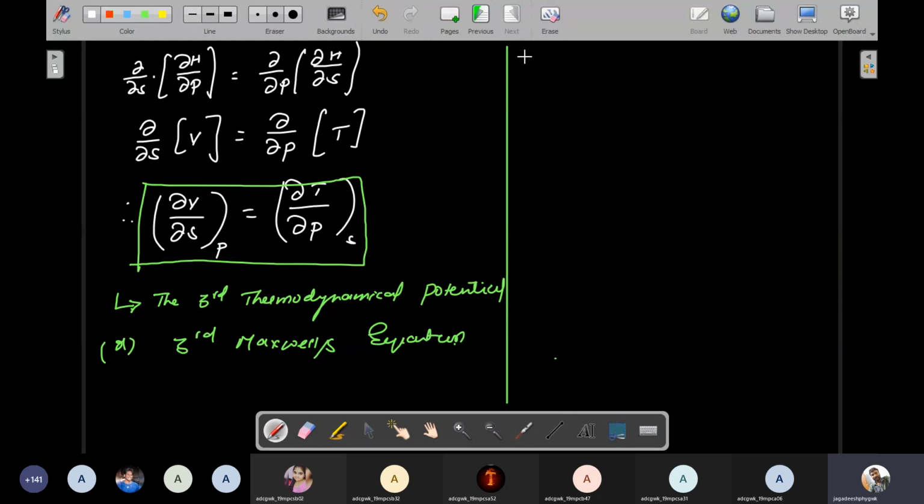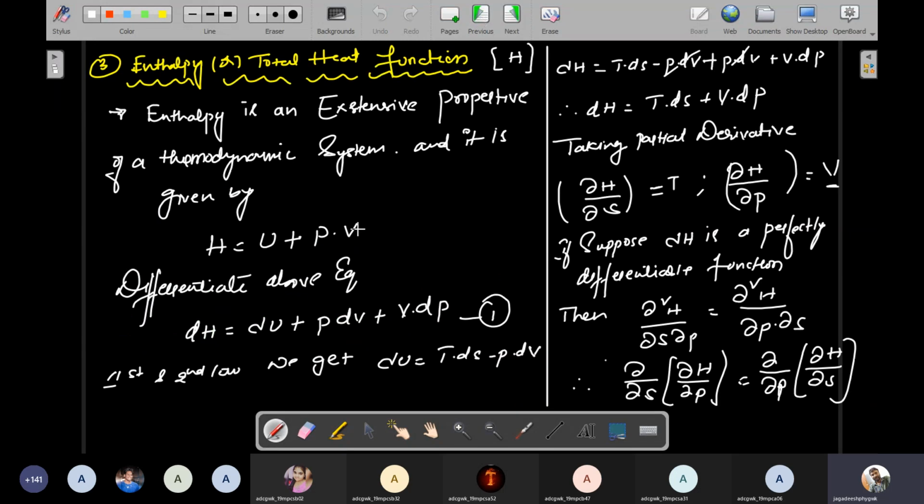Now, the fourth Maxwell's equation is derived from the Gibbs function, which is represented by capital G. If we are deriving the Gibbs function using the enthalpy function only, what is the enthalpy function? H is equal to U plus PV.